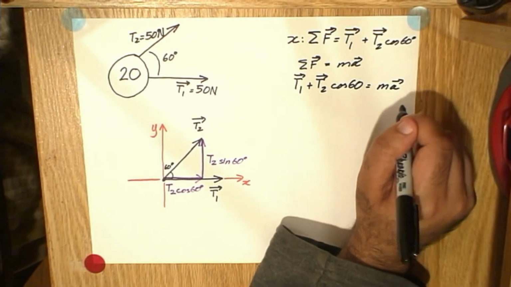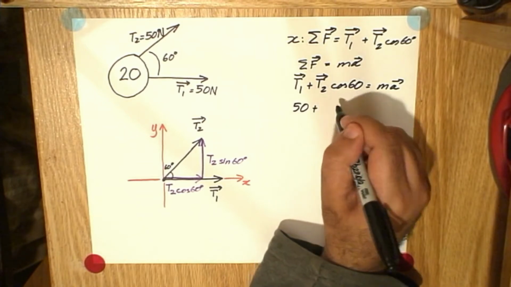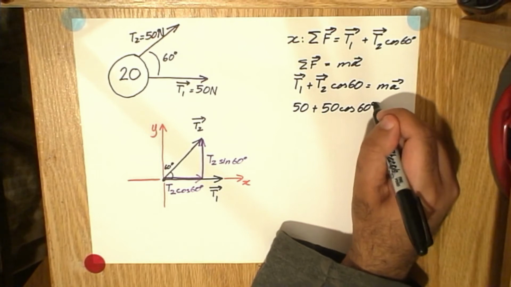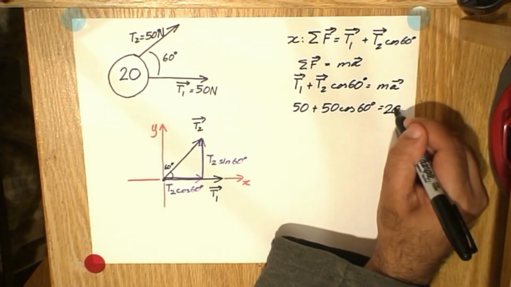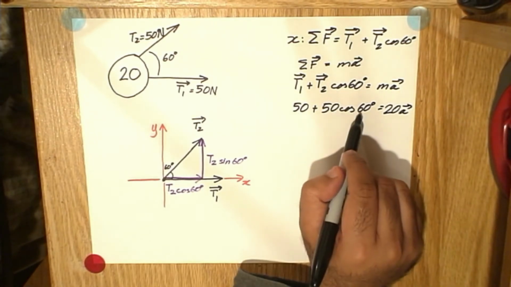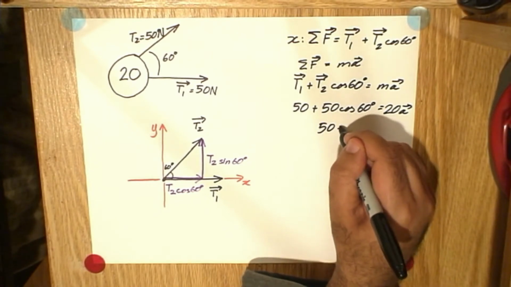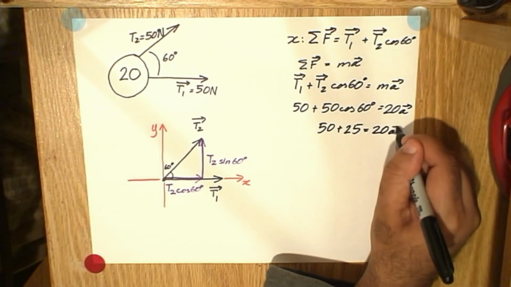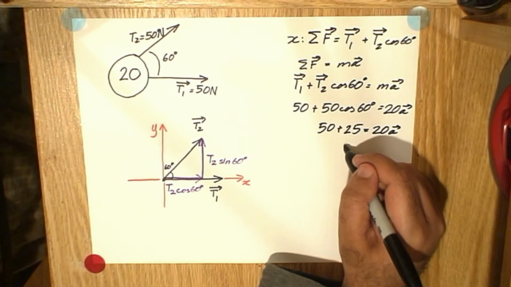Now it becomes plug and chug. T1 is 50 plus 50 cos 60 degrees is equal to mass 20 times acceleration. 50 cos 60 degrees works out to 25. So we now have 50 plus 25 equals 20 times acceleration. 50 plus 25 is of course 75.